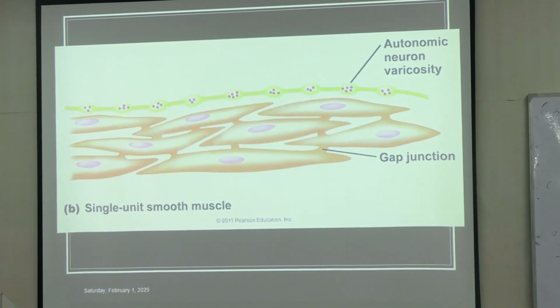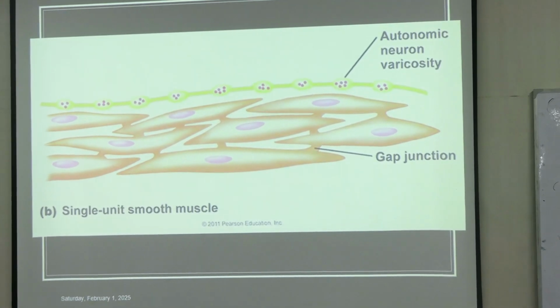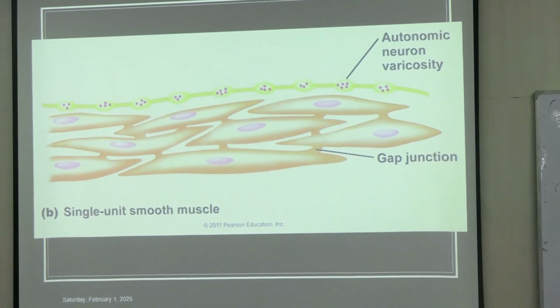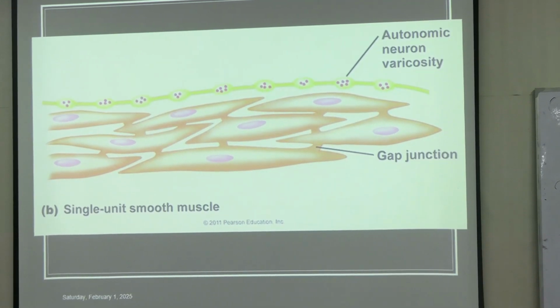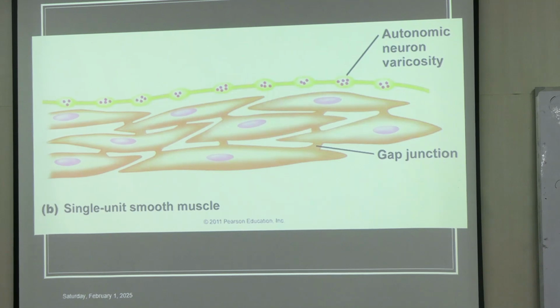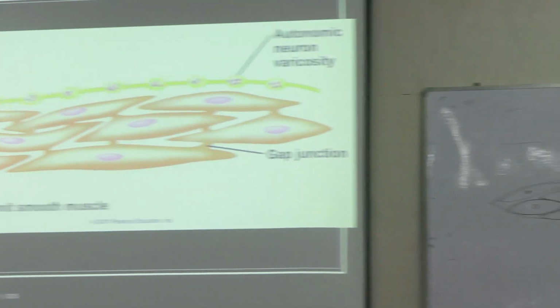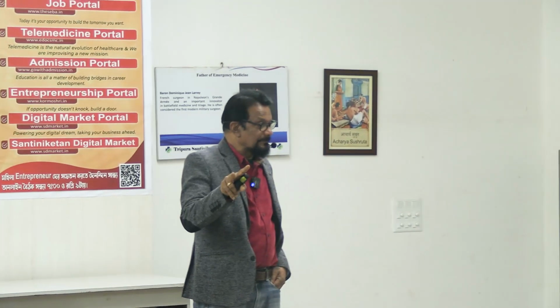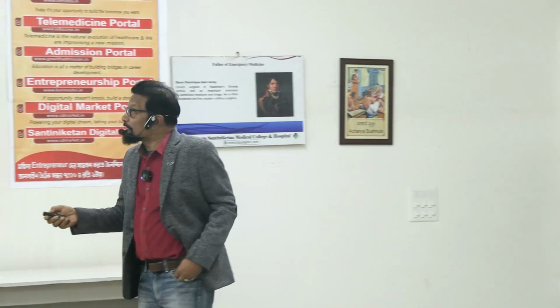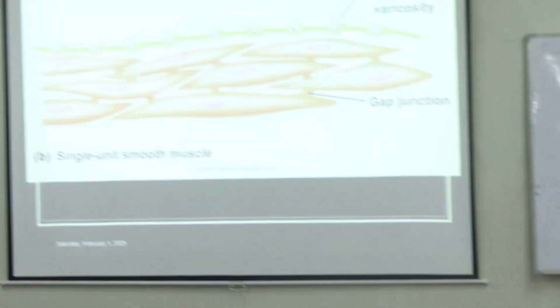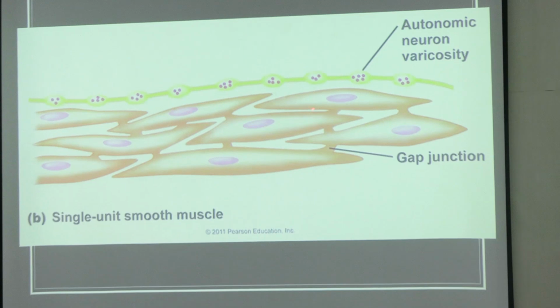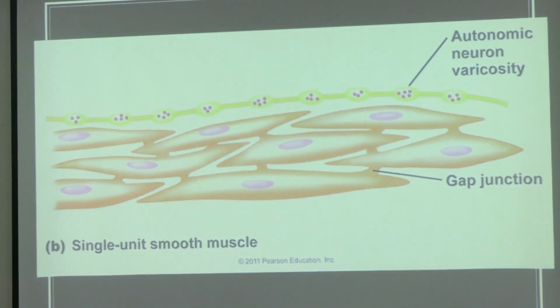Autonomic neuron. Every muscle bundle has nerve supply from the autonomic nervous system. Autonomic nervous system means sympathetic and parasympathetic. So this type of neurons will be there. See, these neurons are not penetrating the cells.